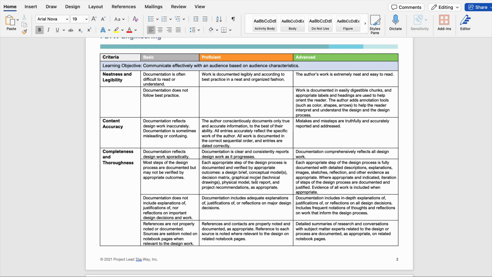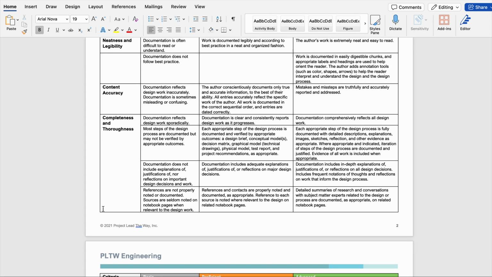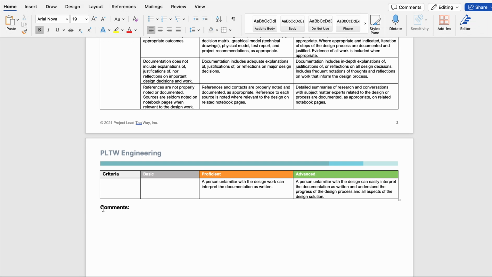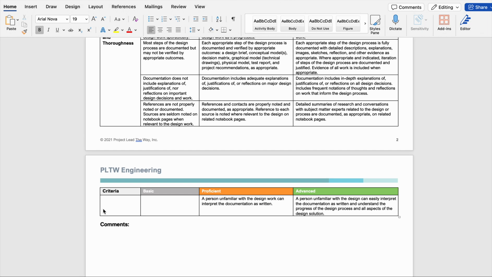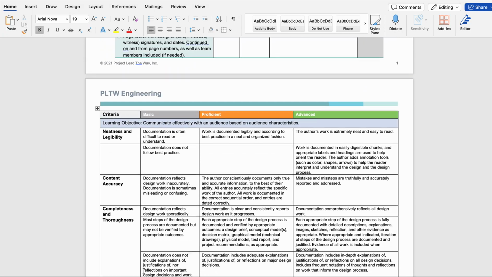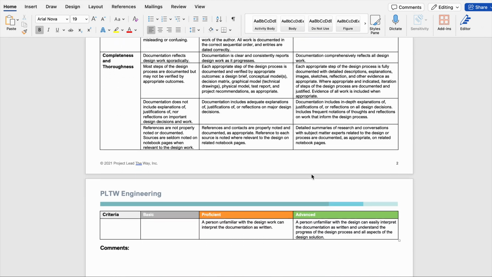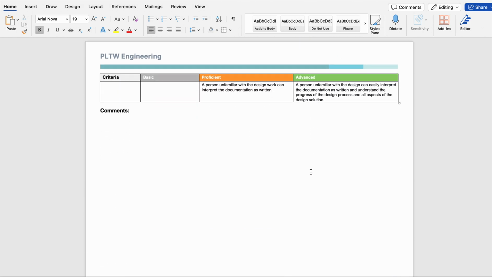So all this information is what we want to look for. And that's going to determine whether or not we are basic, proficient, or advanced as far as grading on the notebook.